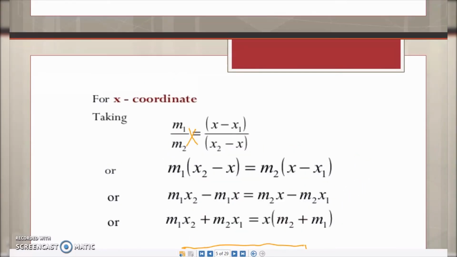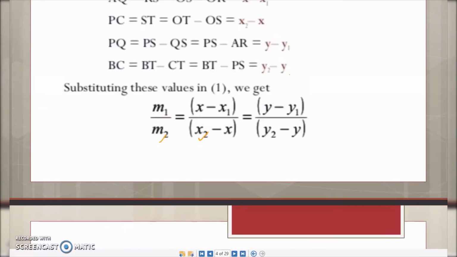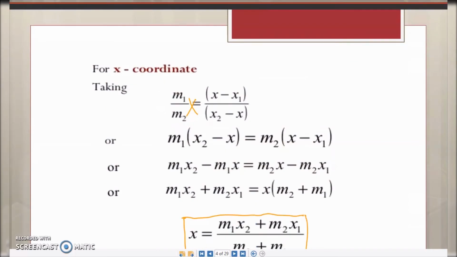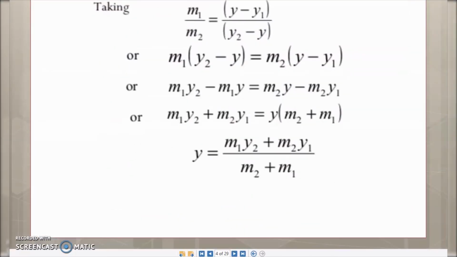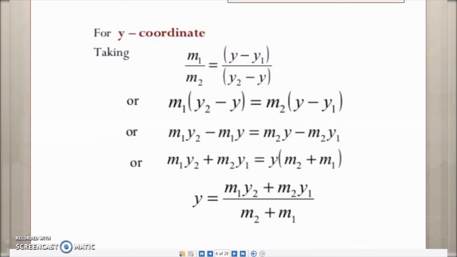And for finding the y coordinate, you will equate m1 by m2 is equal to (y minus y1) by (y2 minus y). Here also, when you simplify the equation, cross multiply first, then open the brackets and transpose the terms in such a way that on one side you get y.